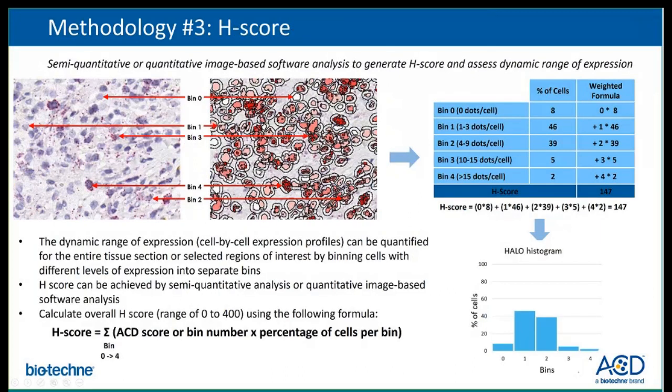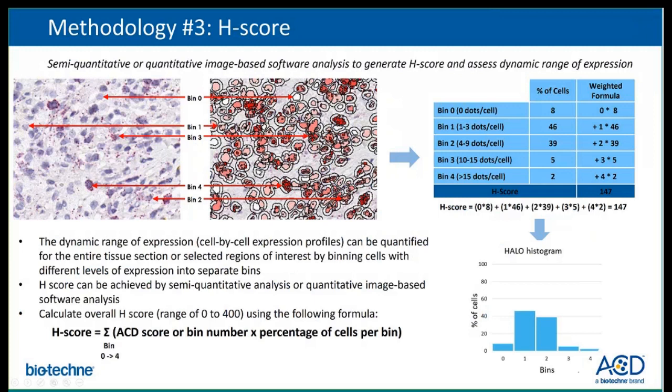The third method is more about showing the dynamic range of expression. To do that, you should be able to, within your image or whole slide image or field of view, whether using a software or semi-quantitative method, find out the percentage of cells within each category.